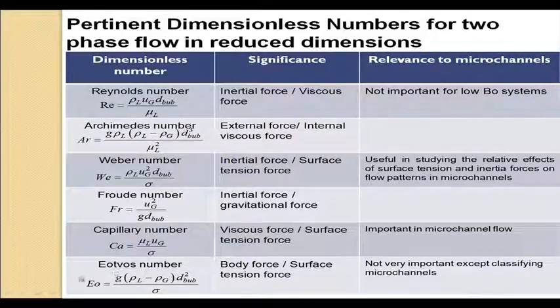It is just important to classify micro channels, both for adiabatic two phase flows as well as under boiling conditions. On the contrary, we find that the Weber number and the capillary number, these two are expected to be much more useful parameters in representing some of the complex features of flow boiling.